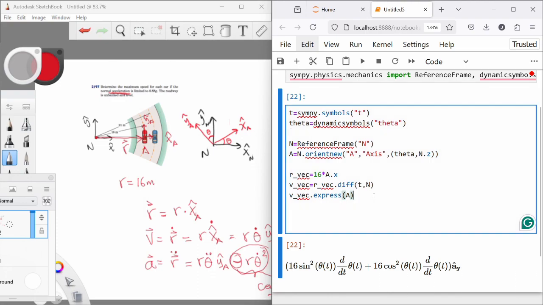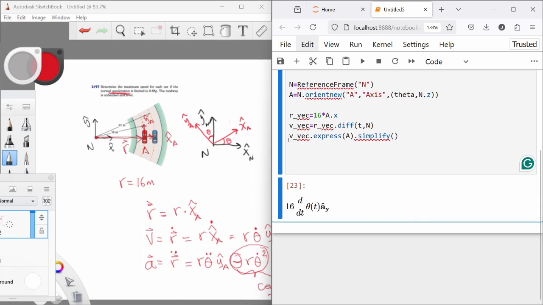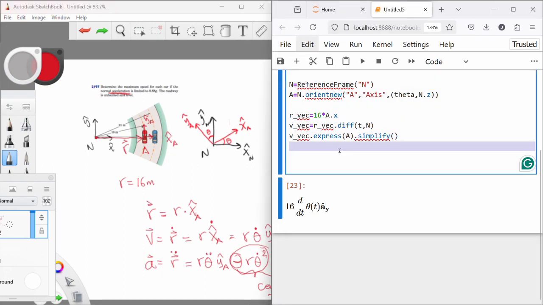You can do this programmatically by adding the simplify command to the chain of commands of expressions, and then you can see that the velocity is 16 times theta dot in the direction of ay, so pointing along the axis of the car, pointing forward on the car, which makes sense because the car is moving in circular motion along the circular path of the track.